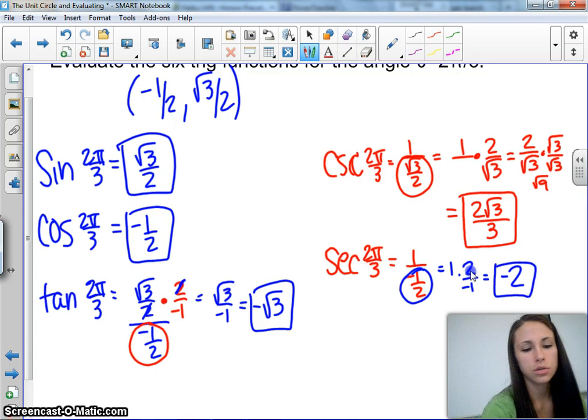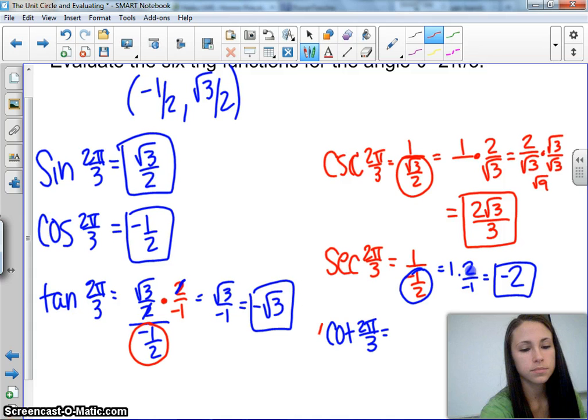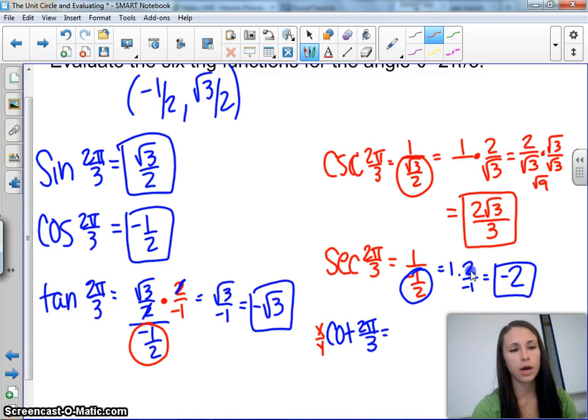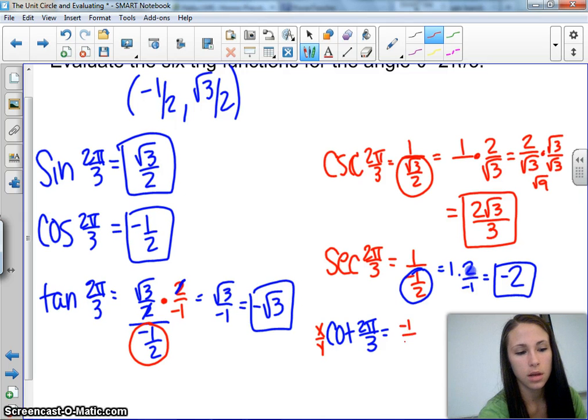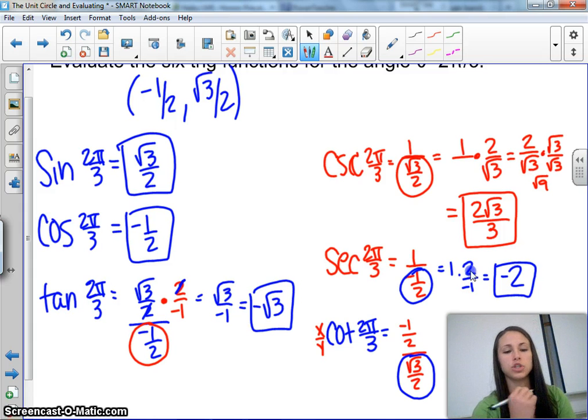And then the cotangent at 2 pi over 3 would just be the x over the y. And so I would do the x, which is negative 1/2, over the square root of 3 over 2. This is one of those double deckers, so we have to flip that bottom fraction and multiply it by the top.